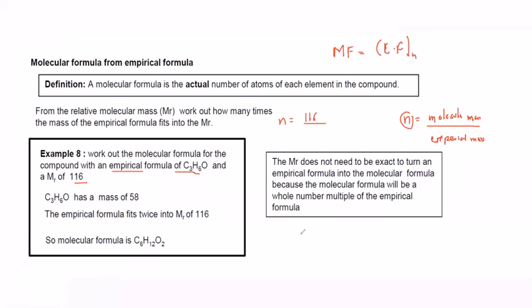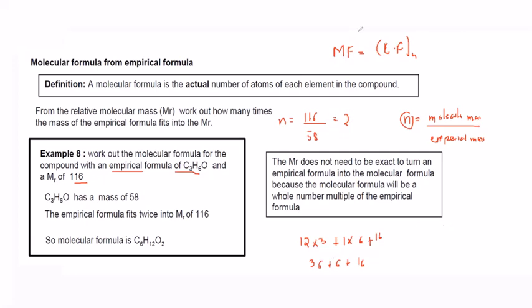To find the empirical mass: carbon is 12 multiplied by 3, plus hydrogen is 1 multiplied by 6, plus oxygen is 16. 12 multiplied by 3 is 36, plus 6 is 42, plus 16 is 58. So the empirical mass is equal to 58. So the value of n is 116 divided by 58, which gives you 2.